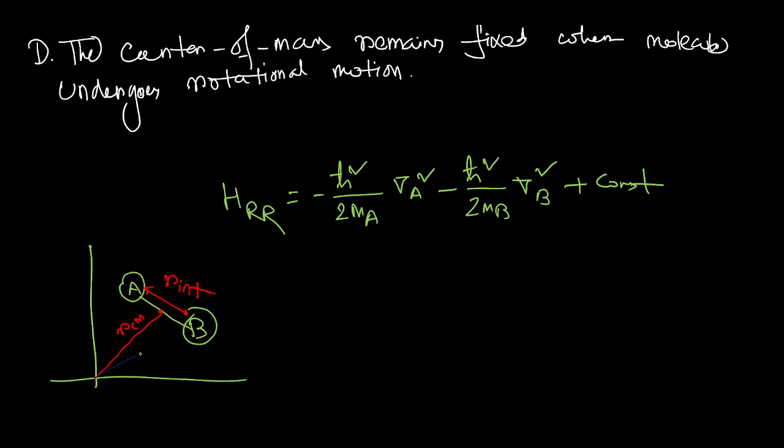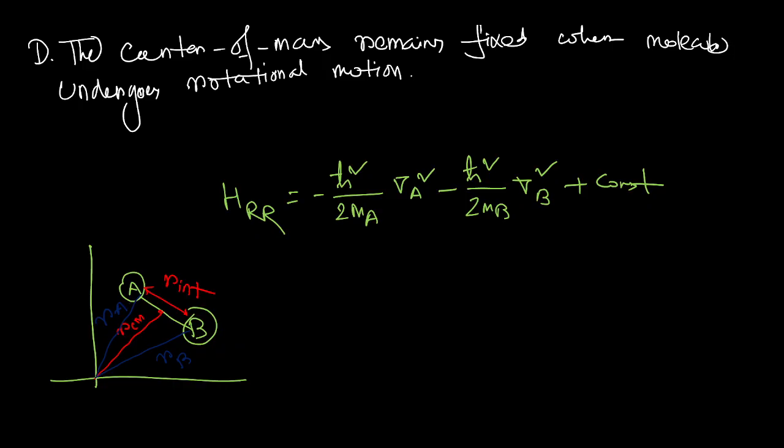Now if we rather represent this in Cartesian form, we can represent it with respect to the origin. So this is the distance from the origin for the B molecule, and this is for the A molecule.